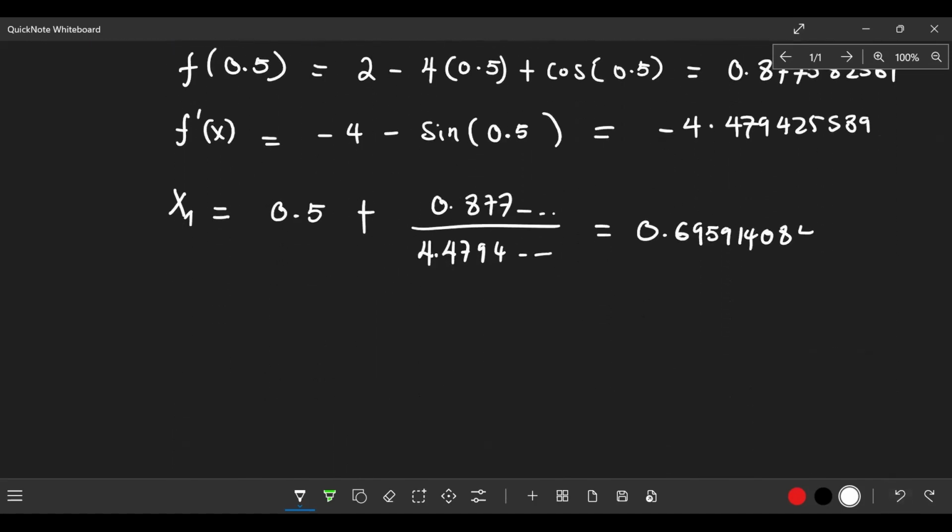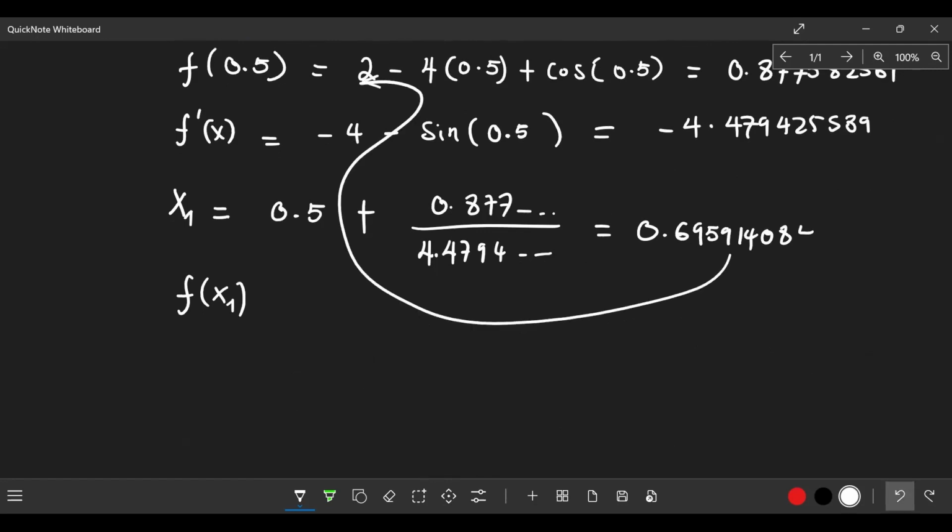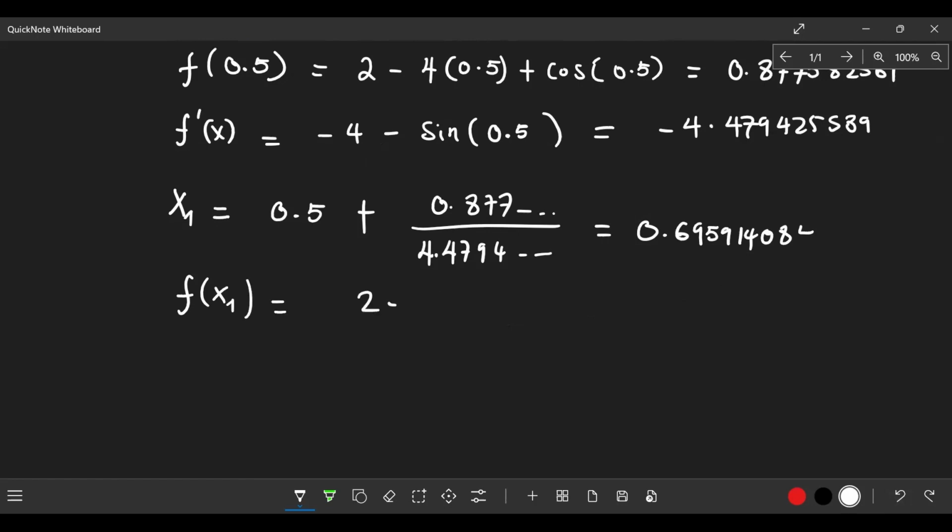So let's now substitute this value in. This will be f of x1, so we repeat the same process. What is f of x1? 2 minus 4 times this new answer found, which is 0.6959 whatever there, and then plus cosine of the same 0.6959.